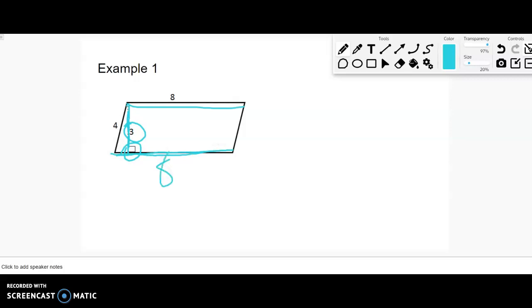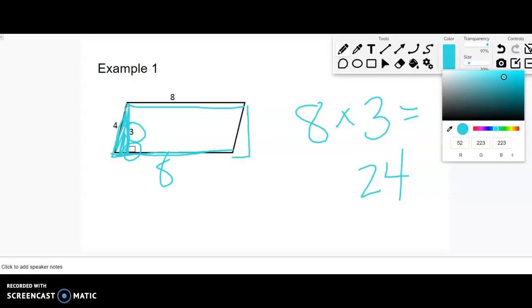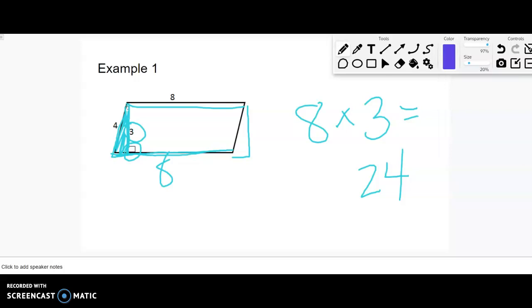So that is 8. So we can just do 8 times 3, and we get 24. Because remember, if I took this triangle over here and I got rid of it and I moved it over here, I would just have a rectangle, and we know how to find the area of rectangles, which is length times width.